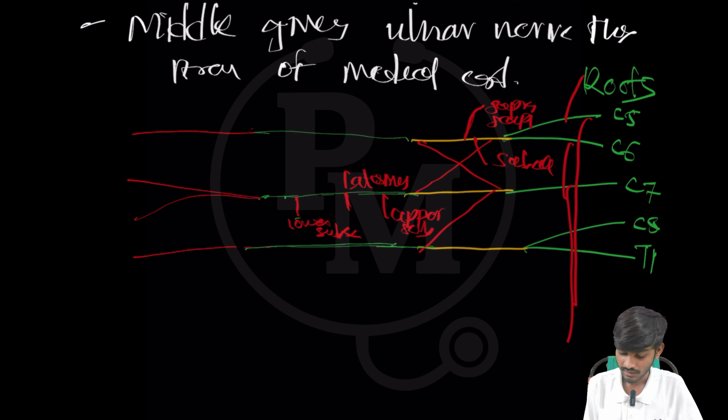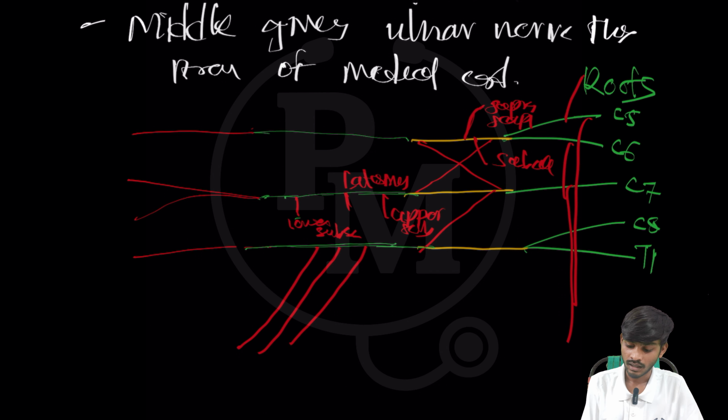Some branches of medial cord are medial pectoral nerve, medial cutaneous nerve of arm, medial cutaneous nerve of forearm, and minor branches of lateral cord is lateral pectoral nerve. Medial root of median nerve is from medial cord, lateral root of median nerve from lateral cord.